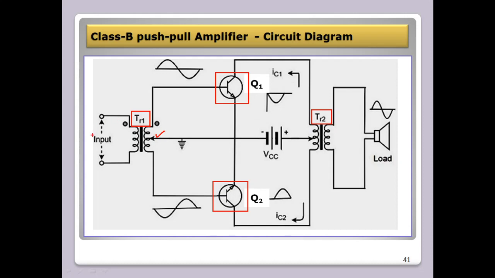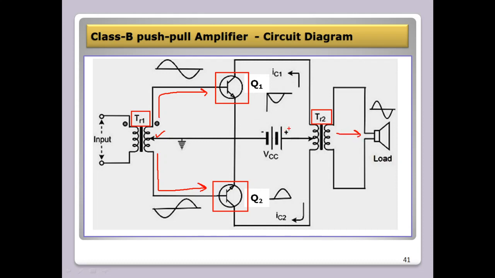Input is given to the primary of transformer 1, and one end of the secondary of transformer 1 is connected to Q1 and the other end is connected to Q2, giving a 180-degree out-of-phase signal at both ends. Transformer 2 primary is connected to the collectors of both Q1 and Q2, and the combined output is given to the load.